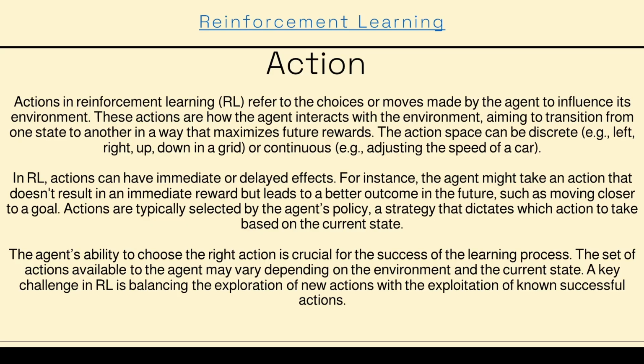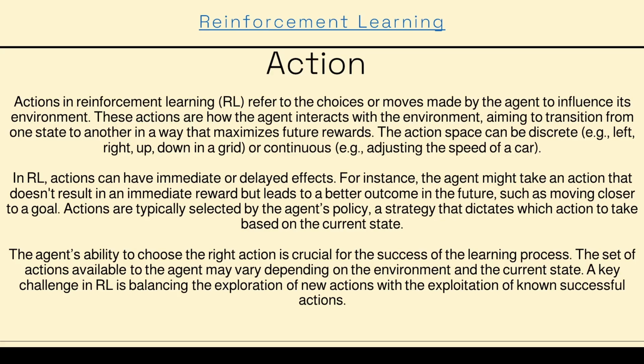The agent's ability to choose the right action is crucial for the success of the learning process. The set of actions available to the agent may vary depending on the environment and the current state. A key challenge in RL is balancing the exploration of new actions with the exploitation of known successful actions.